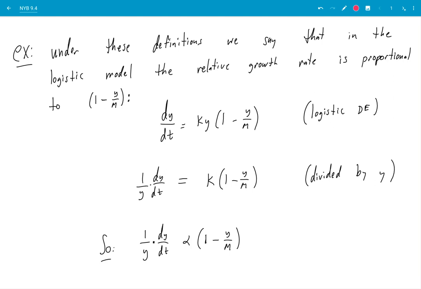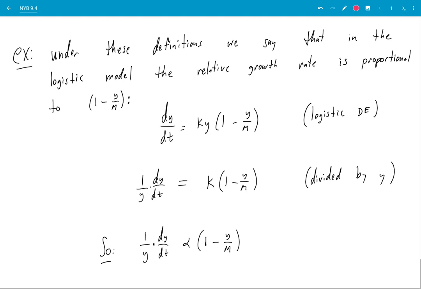And I hope this statement brings all the vocab together in a way that is at least clear. So here we have the relative growth rate, which is, again, the growth rate divided by y. So it's the growth relative to the population size at any given time.